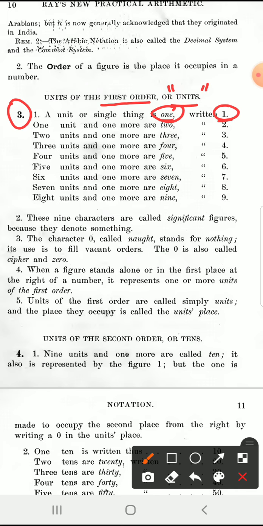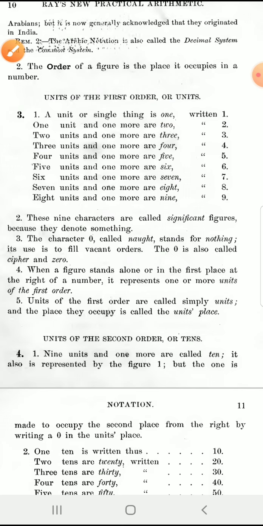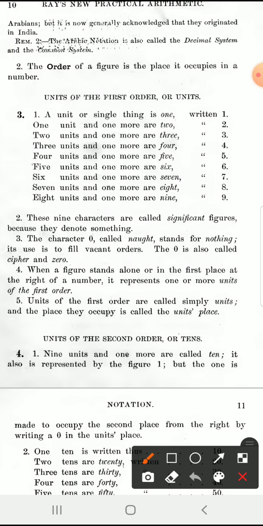Here we see how to express the unit with a figure in the Arabic system. So we learn to express numbers first by words and then by figures or characters, just as our first lesson told us. So we're going to study how to name the first 9 numbers with the Arabic system of notation.